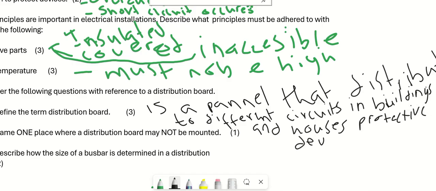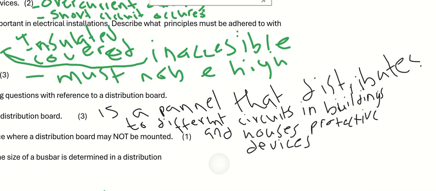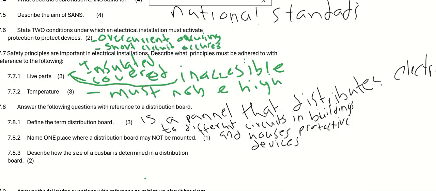Okay, that's the simplest definition of the distribution box. The DB is a panel that distributes electricity to different circuits in buildings and houses. Protective devices.